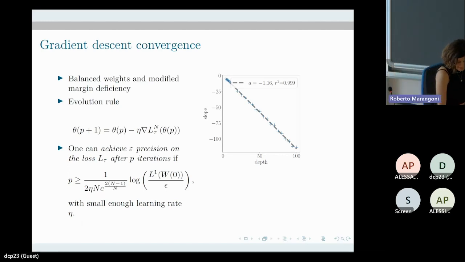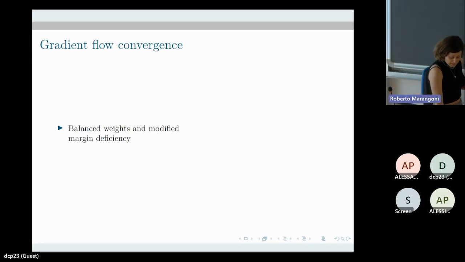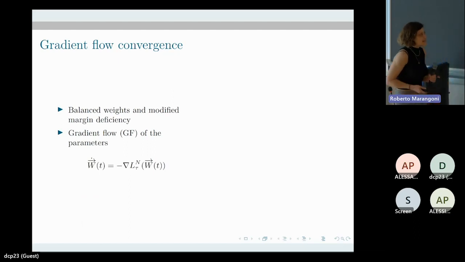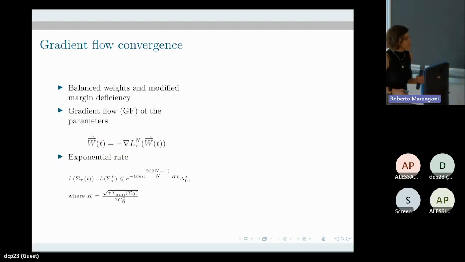Finally, under the same context, when we assume balanced weights and modified efficiency margin, and we define the gradient flow of the parameters using this equation, we can prove that the Bures-Wasserstein gradient flow achieves the exponential rate. Again, it depends linearly on C.